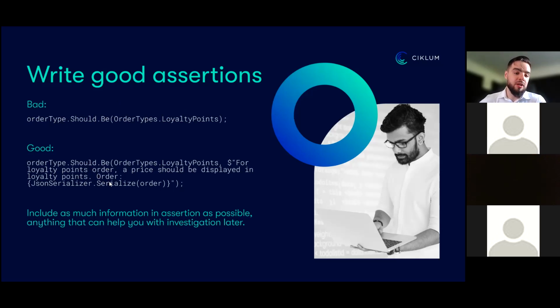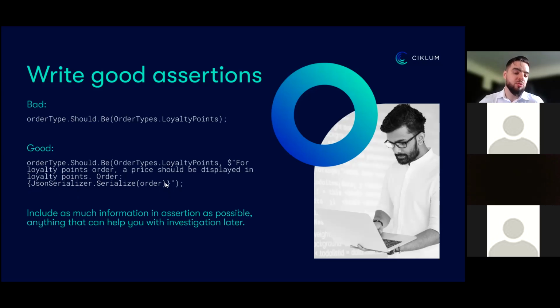And also a thing I like to do is to try to output in an assertion some things which will help you to investigate this test. So for example, what this does is it will output the order details inside our assertion. So once it fails, we don't only get the information that loyalty points don't match, we have the whole order displayed, and we can see maybe this was the reason why the test has failed.